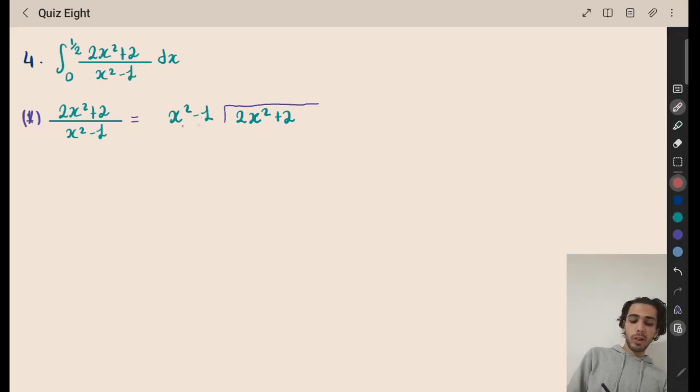So you would say how many x squared goes into 2x squared, and the answer is 2. Then you multiply both of these, so you take away this amount. So we've taken away twice x squared, and then you take away 2.